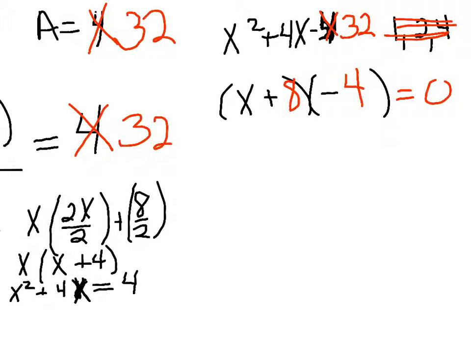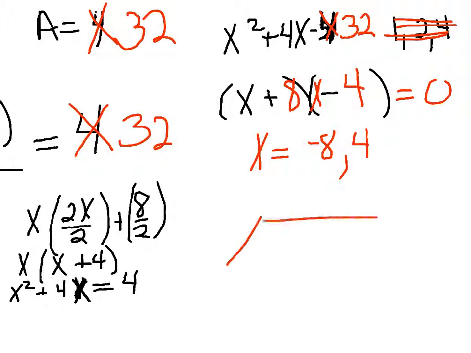Now I need to find the solutions to this. So x plus 8 equals 0, so x is either equal to negative 8, or x minus 4 equals 0, so x is equal to positive 4.